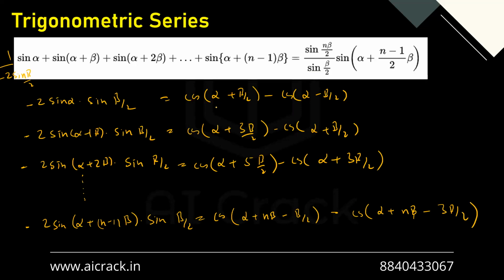Now we can see that these diagonal terms are getting cancelled out, right? So in the end, we are left with just these two terms only.